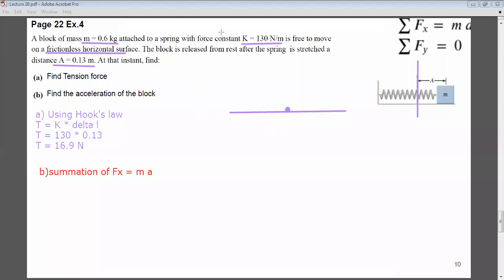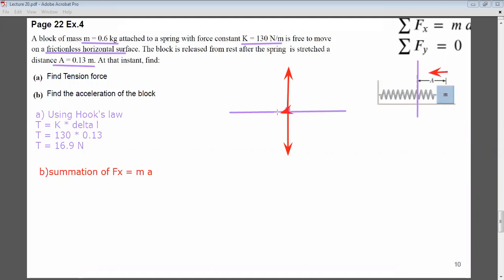And now I have to draw the forces. There is the weight force downward, perpendicular to the ground, and the normal force perpendicular to the surface. And there is a spring; it wants to bring the spring back to the original place, so the pull in this case is in this direction.